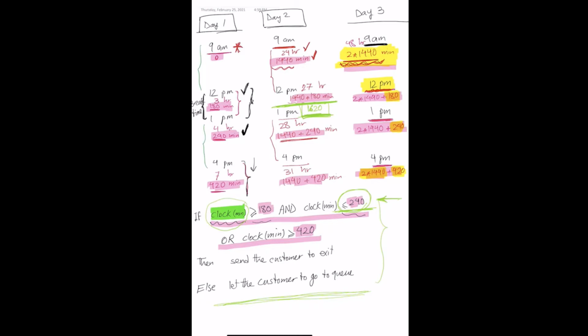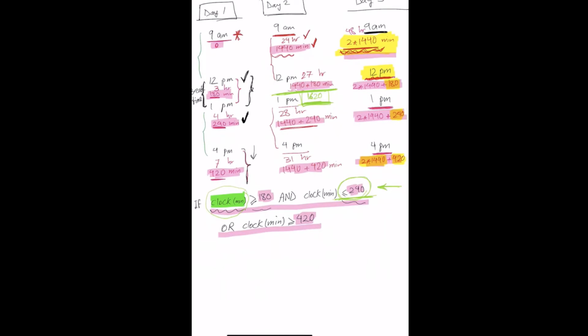If I want to continuously run the simulation, for example for 5 days, to consider what happens in 5 days in this call center or this bank, then instead of just looking at the clock, which is the simulation time, I'm going to look at clock mod 1440. Let's see what happens here.